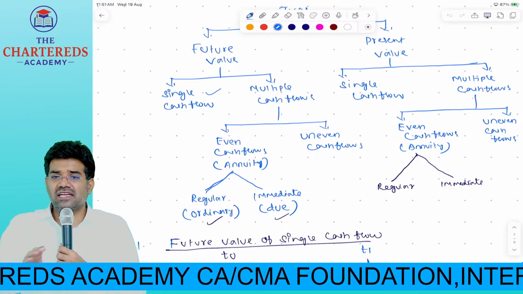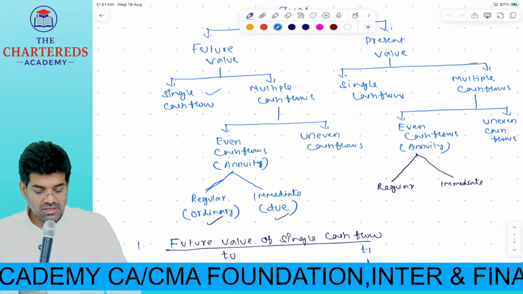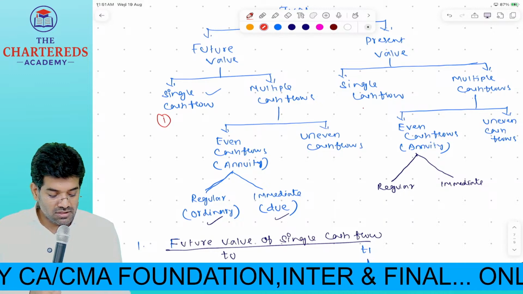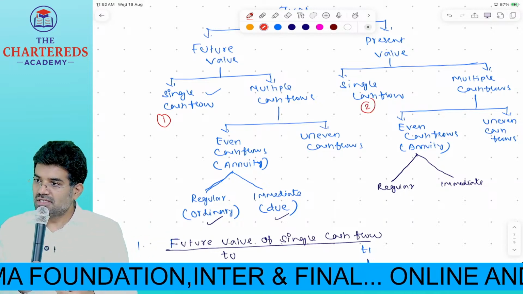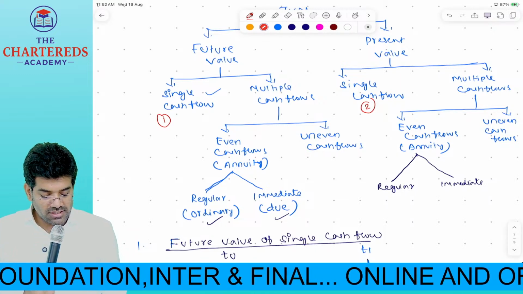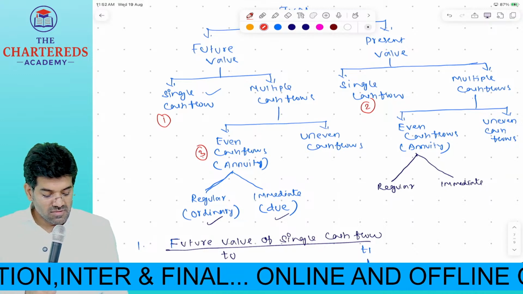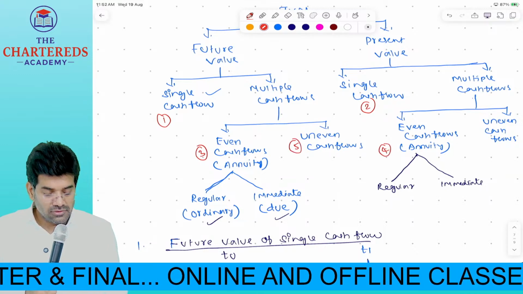How many cases are coming? Can you tell me? Total how many cases here? This one is 1, 2. Future value of single cash flow, present value of single cash flow. This one is 3. This one is 4. This one is 5.